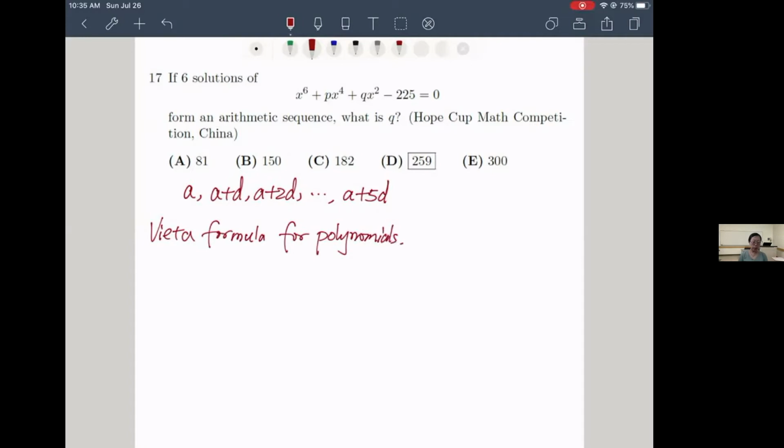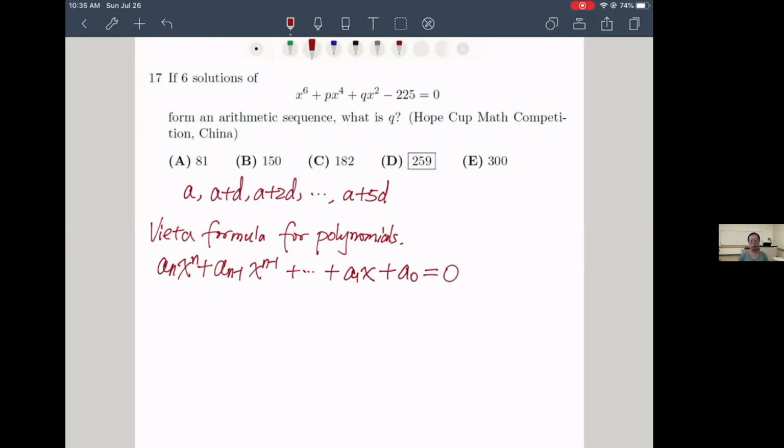Okay, let's look at a general situation. We start with a n x to the n plus a n minus 1 x to the n minus 1, and so on, plus a 1 times x and a 0. This is a polynomial of order n.